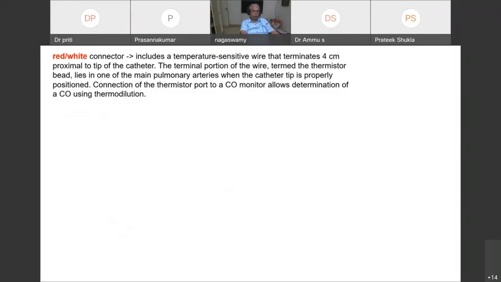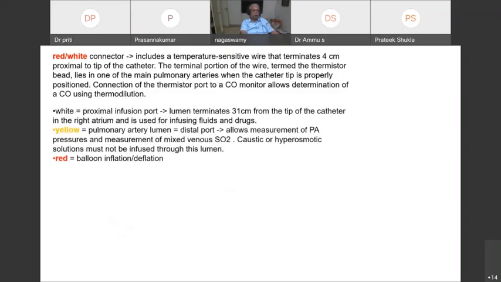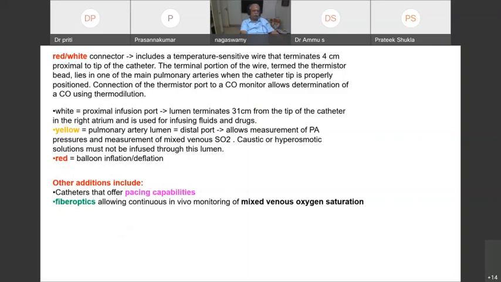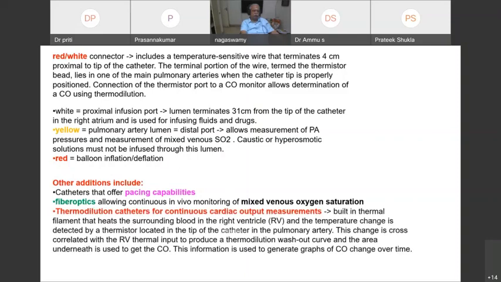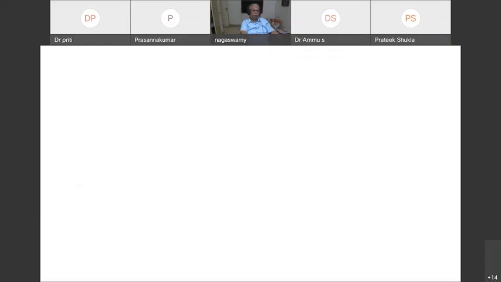So all of you know all these things. White is the proximal infusion port, yellow is the pulmonary artery distal port, red is for balloon inflation. The other additions, sometimes you may have pacing capabilities, fiber optic for oximetry, and thermodilution for continuous cardiac output.